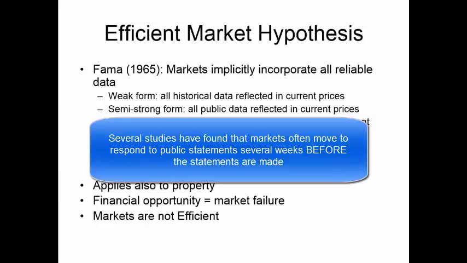This leads to Fama's third form of the efficient market hypothesis, the strong form. This suggests that all internal and external data is reflected in current prices. There have been studies that have found that share prices tend to reflect changes in public announcements, sometimes weeks ahead of when the announcements are made.